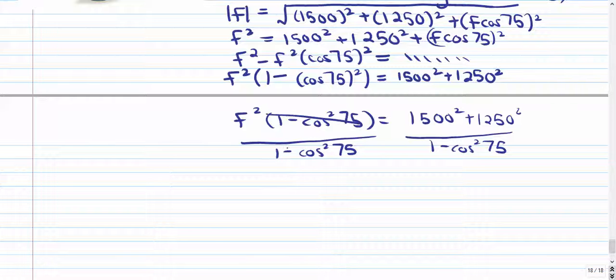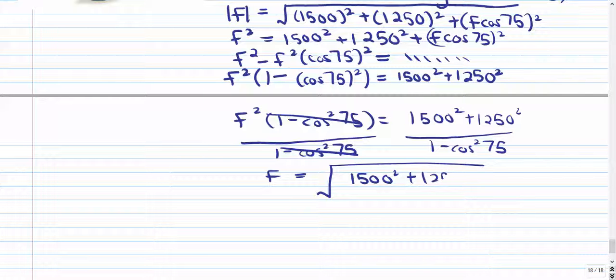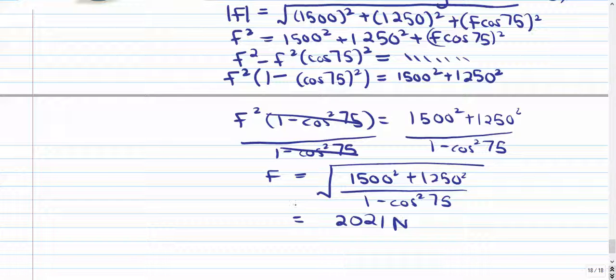So this cancels with this, and we are left with F equals the square root of 1500 squared plus 1250 squared over 1 minus cos squared of 75. And the value that we get for F is equal to 2021 newtons.